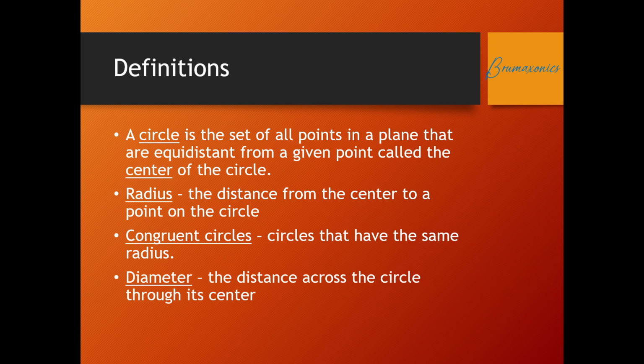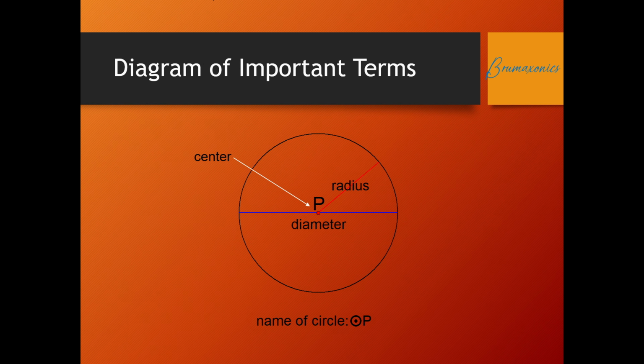As I said, the diameter is the distance across the circle through the center, and this is how you can see it. Diagram of important terms, right? So this part here will be the center, and the center is represented by P, and then the radius will be from here up until here.